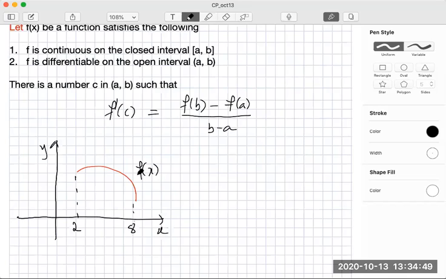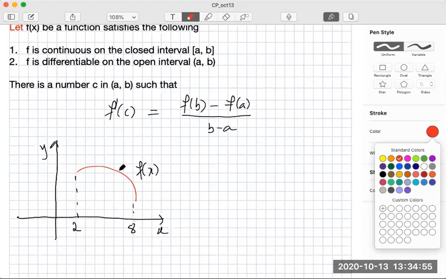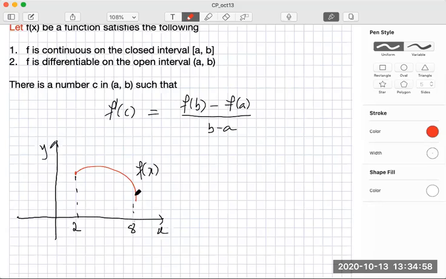This is the function f of x. So here f(b) minus f(a) divided by b minus a will give us the slope of this one, right? And this is decreasing, so the slope should be negative.